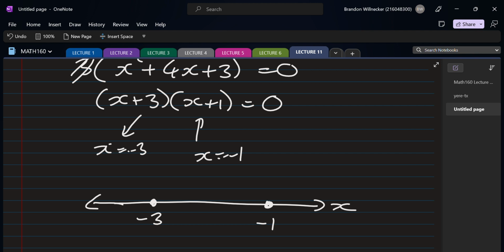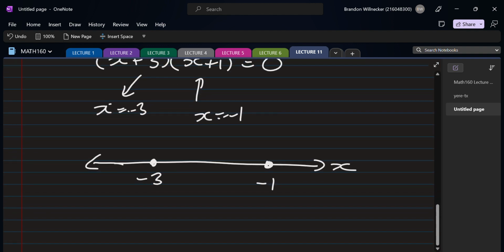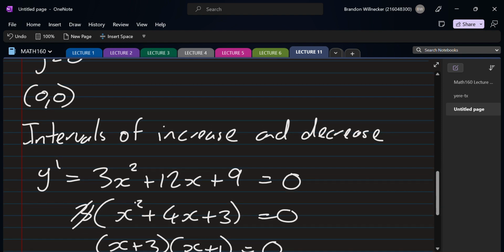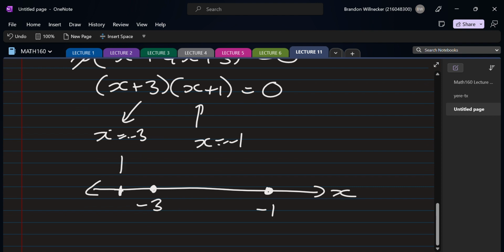Okay, so for values before -3, we can use -4, that will work. So we look back at our gradient equation there, we substitute -4 and see what we get. The exact value doesn't matter, we're only looking for if it's positive or negative. Is it positive? Is it negative? In that case, it will be positive, so we can put a plus.